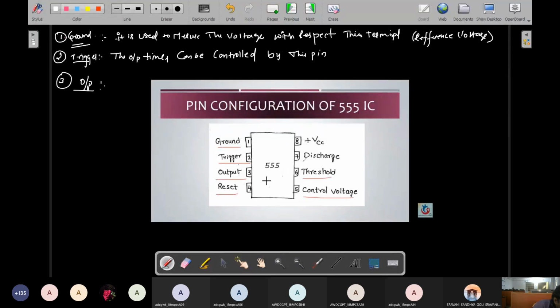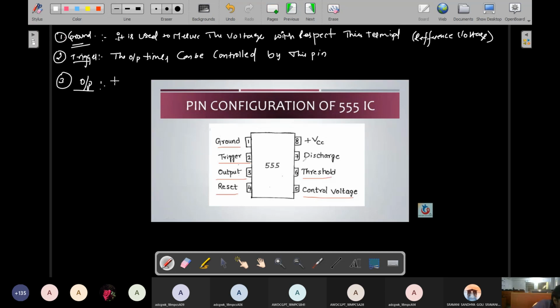But in the 555 IC also we are using one flip-flop. That flip-flop will always give a complementary output. Whatever input signal we give, its complement will come from this output voltage. Therefore the complementary signal output of the flip-flop goes through an output stage and becomes the output of the timer. So that is called the output of the timer.